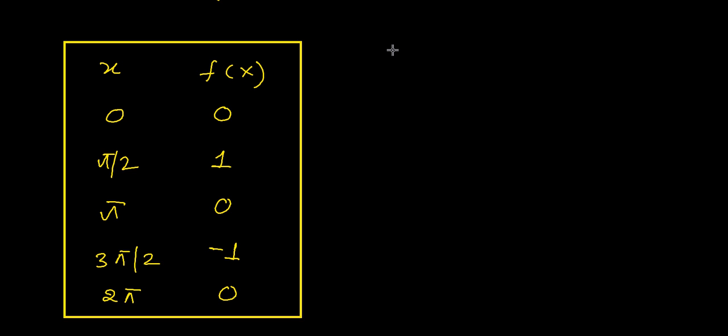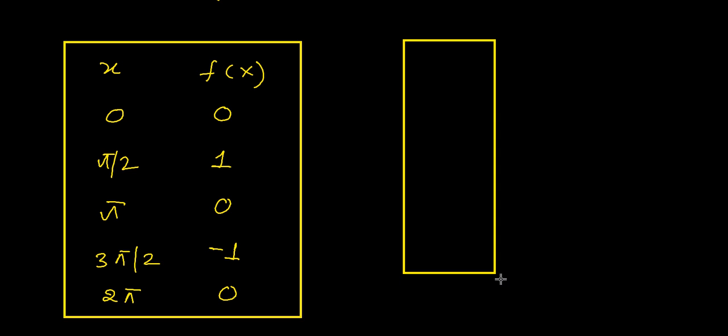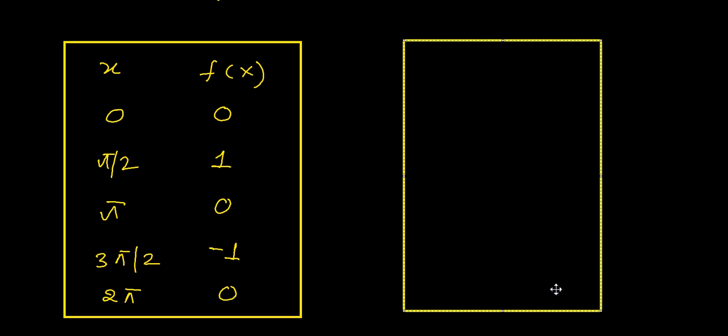So let us make one more table for the negative values of sin x. So here it is x and f of x. Let's take x as minus pi by 2. Sin minus pi by 2 will be -1.